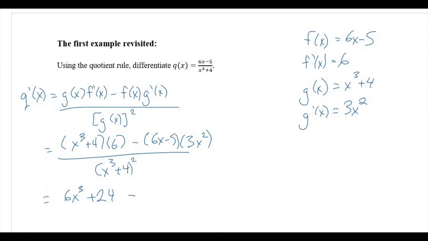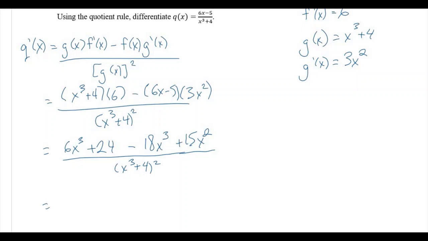So that becomes minus 18x cubed. And then we get plus 15x squared, because remember, the negative on the 5 cancels out with the minus out front. And let's keep the stuff on the bottom in factored form, just because it looks so nice already.